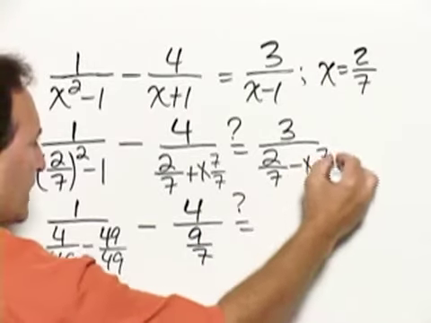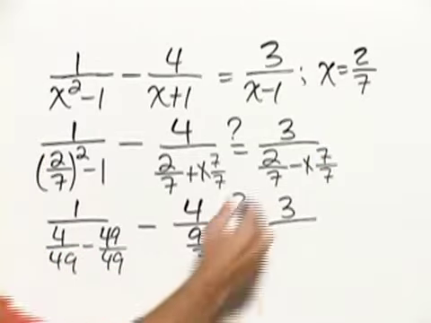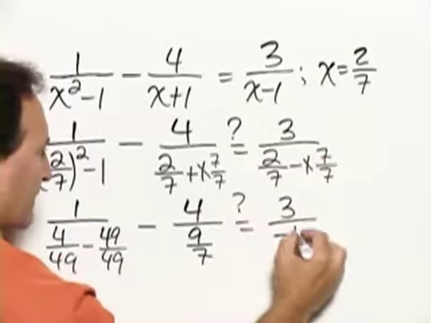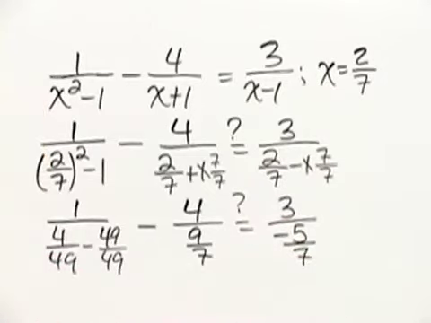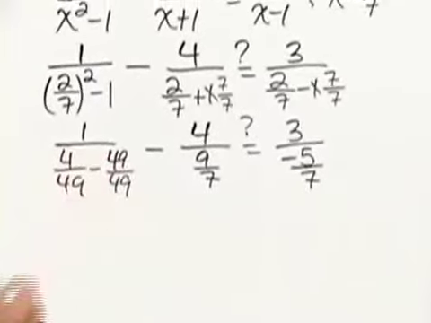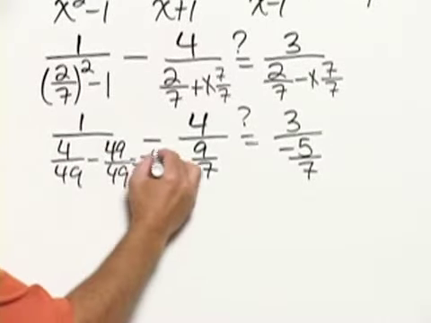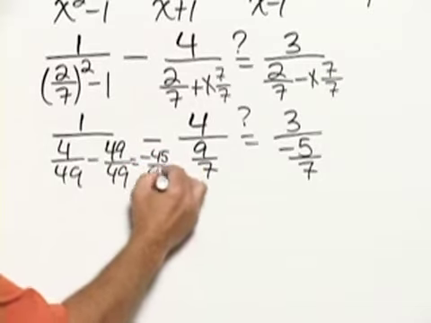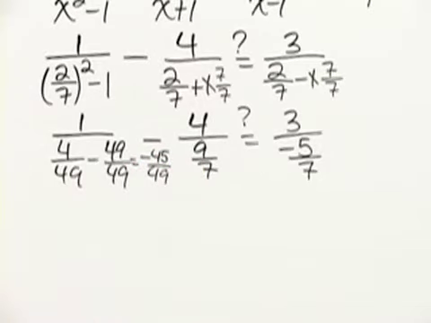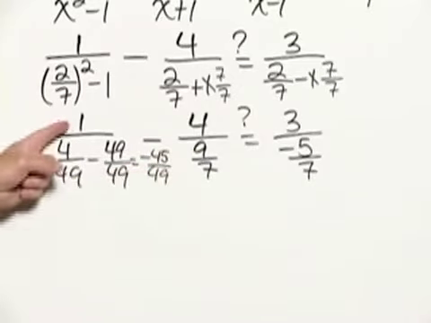Again, here we would change this into 7 over 7, and so the result would be 3 over 2 minus 7 is negative 5 over 7. Now, while we're here, when we subtract 4 minus 49, that would give us negative 45/49.